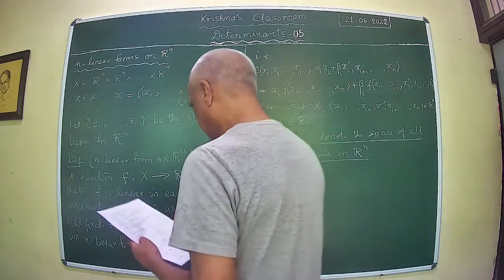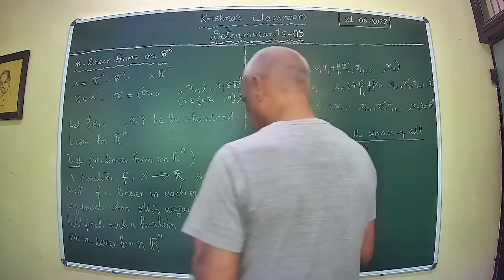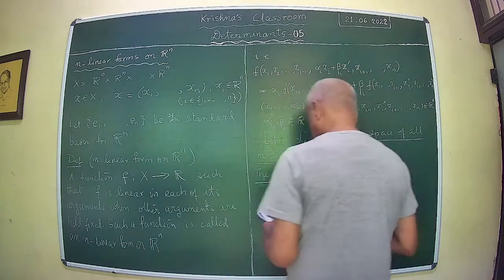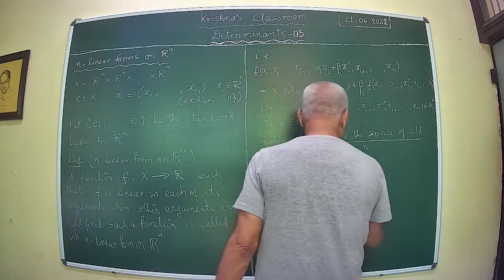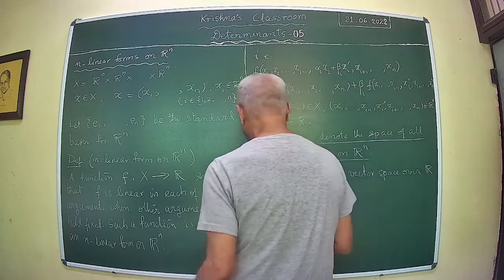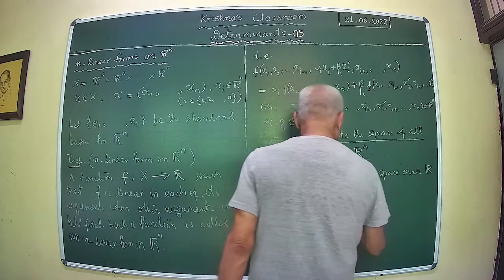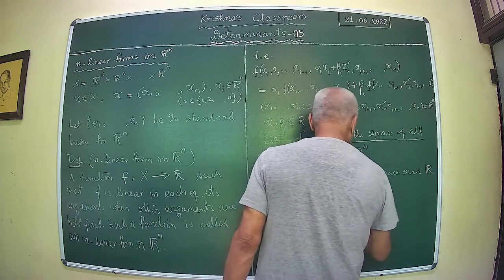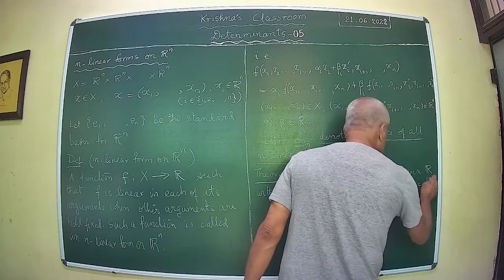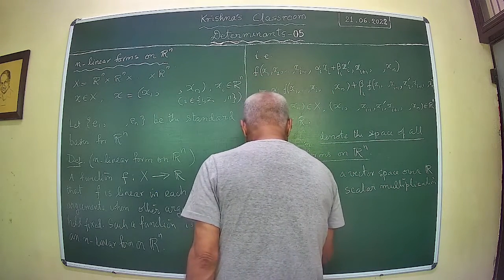First of all, we observe that Ln can be made into a vector space with addition and scalar multiplication, as follows.